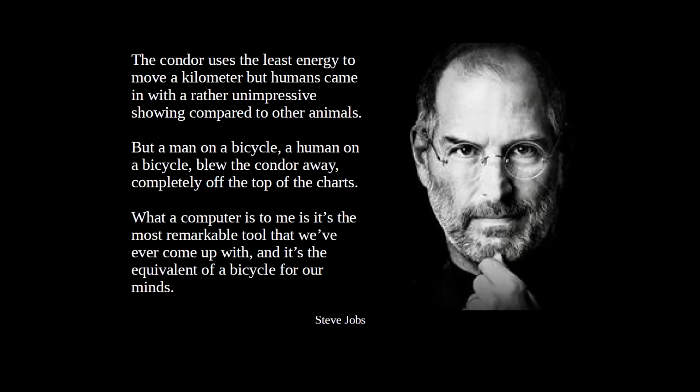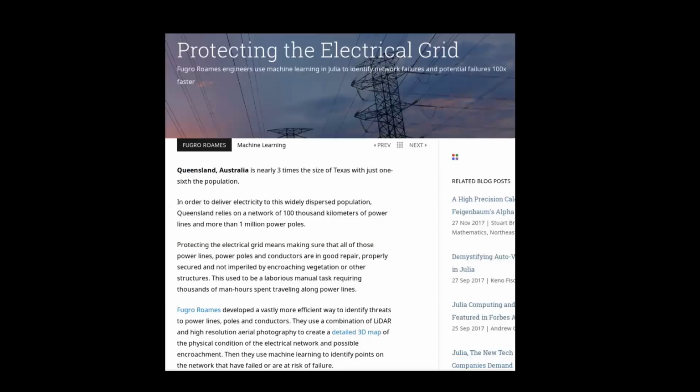And so what we tend to find is places where AI is doing very well. Here's an example in Queensland, Australia, in which they're trying to protect this electrical grid in this massive wasteland. They're able to use artificial intelligence and machine learning to analyze photographs and usage patterns to predict where equipment failures might occur.